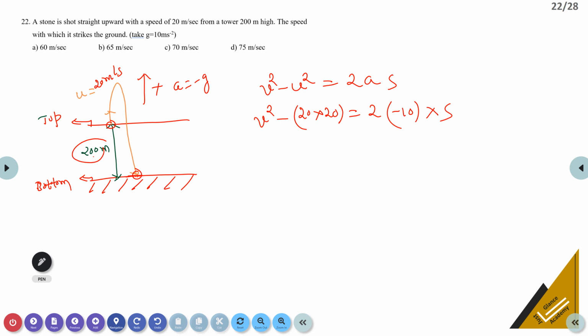Then v square equal to minus of 3600, or v equal to minus 60 meters per second. Here the minus sign represents the particle's downward direction. It is moving down at this point. So this is the right choice.